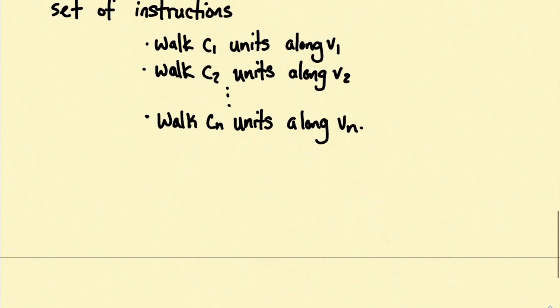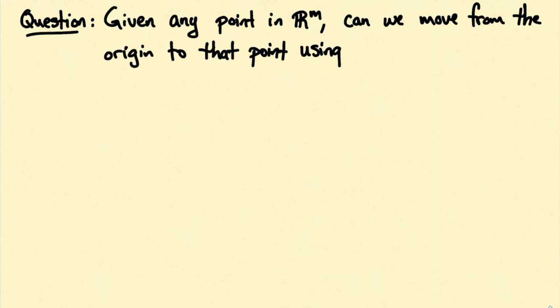Now, of course, being a game, our game should have a goal. And the goal is to answer the following question. Given any point in Rm, can we move from the origin to that point using only these directions? In our new language, suppose we are given the vectors v1, v2 through vn, which are all m-dimensional vectors.